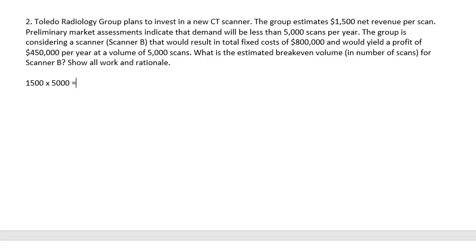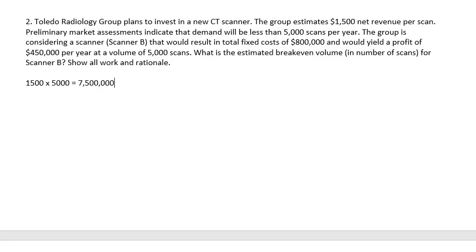If we do the math on that, let me double check myself as I pull up my phone, 15 times 5, you can follow along with me if you like. All right, so that's 7.5 million. So we got that part.